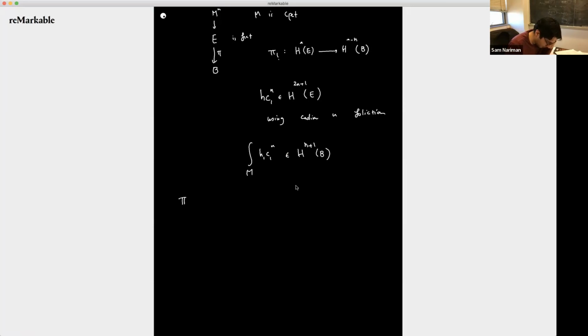So for example, theorem: if you have a surface as M, say sigma g, E, and then B, with this pi, if you integrate, h c1 squared over sigma g and h c2 over sigma g, they are in H^3 of B, and they are non-trivial.